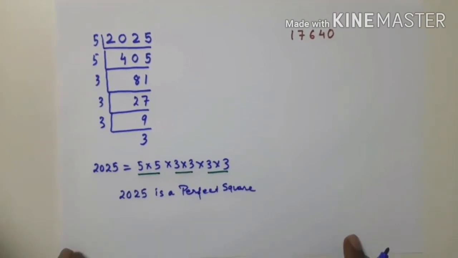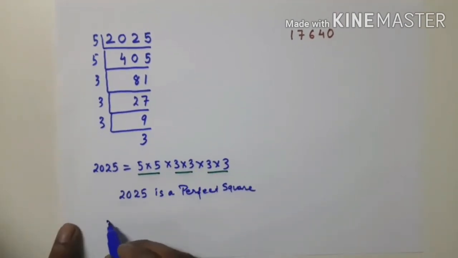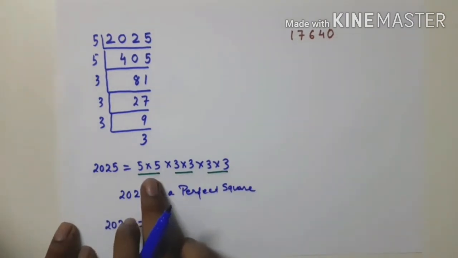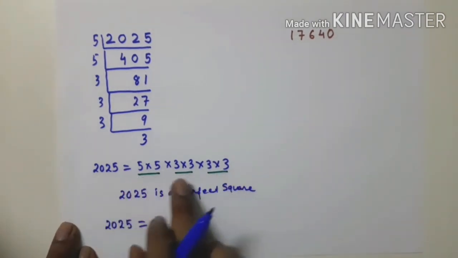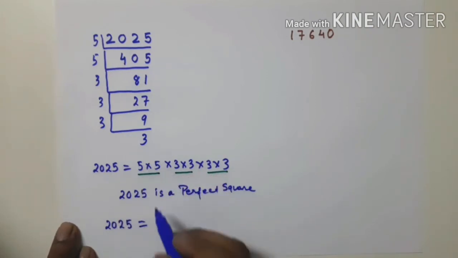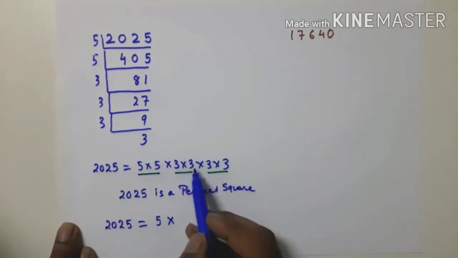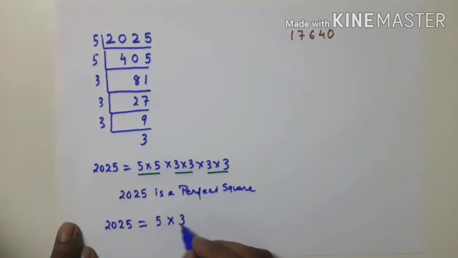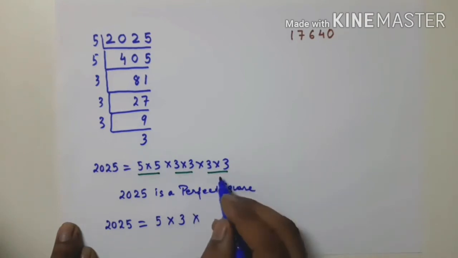Now whose square is it? To find that, from each paired group we will take one number. So 5 into 5 is one group, from there we will take out 5. 3 into 3 is another group, so we can take out 3. Similarly, another group of 3.